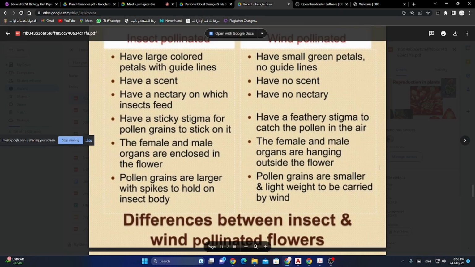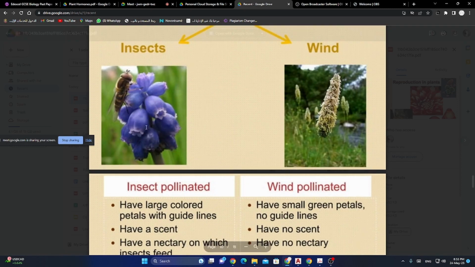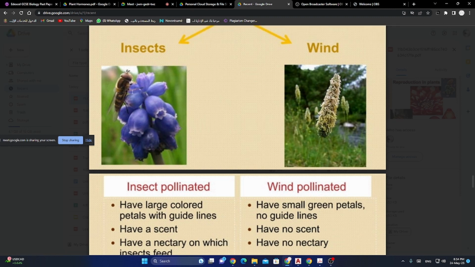Okay. So here they're just giving you some differences between insect pollinated and wind pollinated flowers or plants. Insect pollinated flowers usually have large colored petals with guidelines. Basically, these flowers, as you can see here, have large petals, right? Which are brightly colored in order to attract insects.